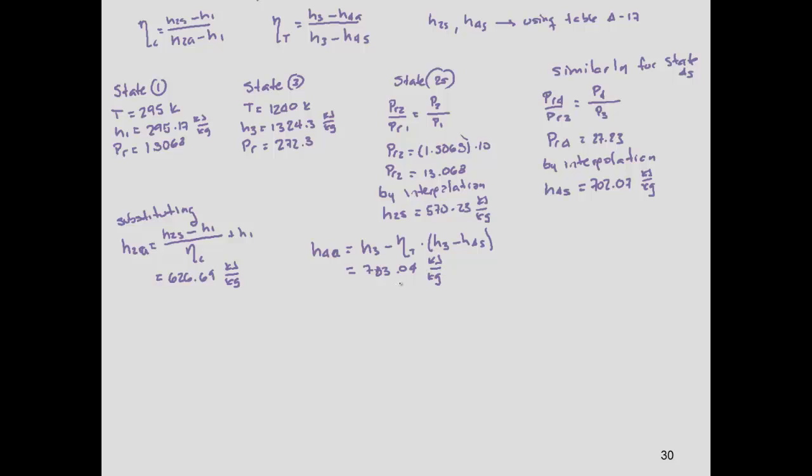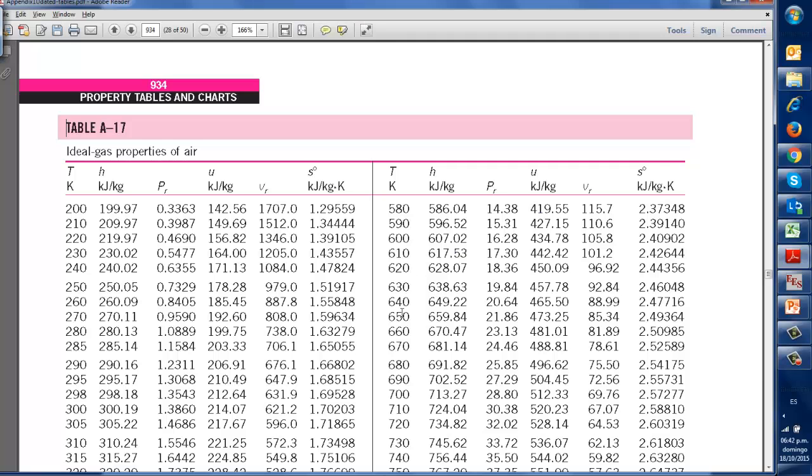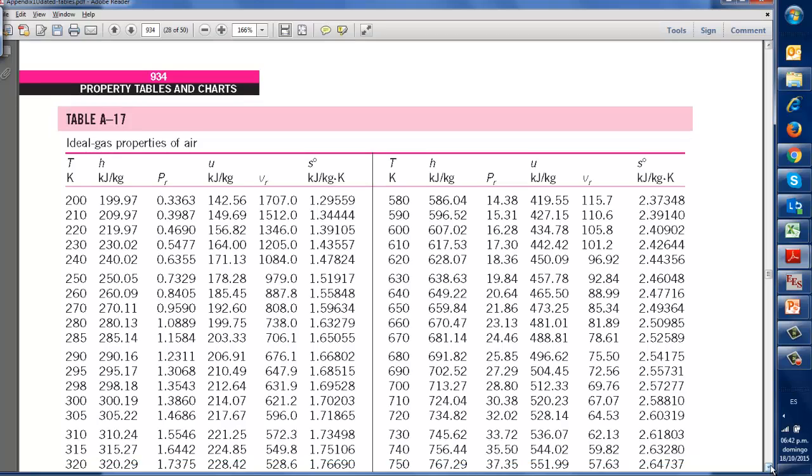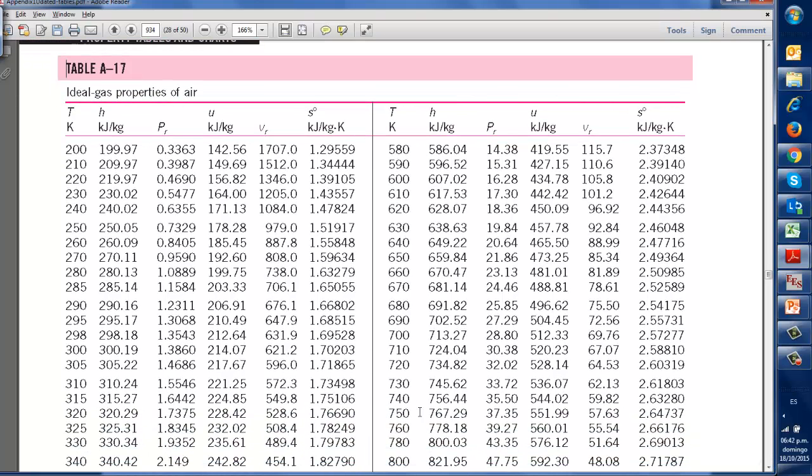Now if I go to my table A17 and look for that value, 783, I will notice that it is in between these two values.